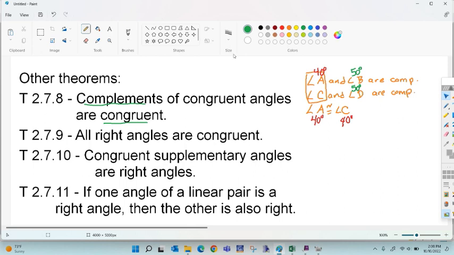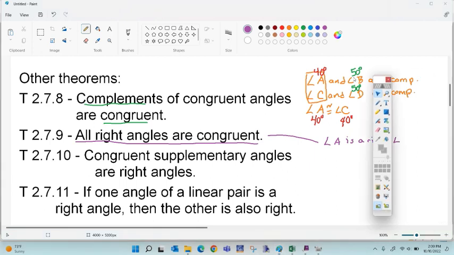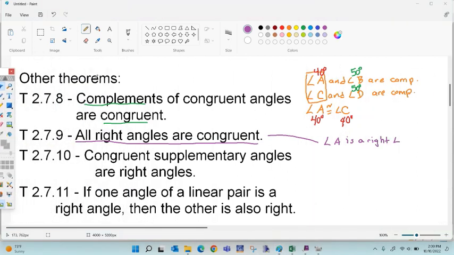This next one should just plain make good sense. All right angles are congruent. We're going to use that in a proof, so it will be important even though it seems trivial. So let's say that angle A is a right angle. Being a right angle means that angle A equals 90 degrees.